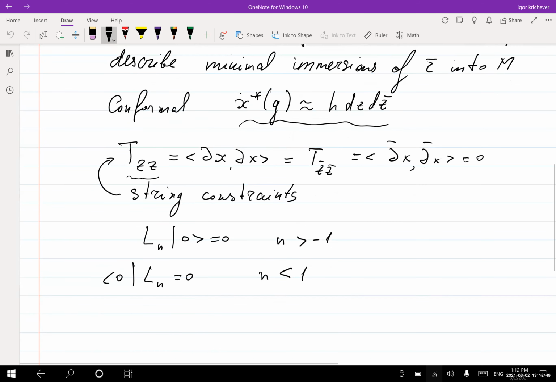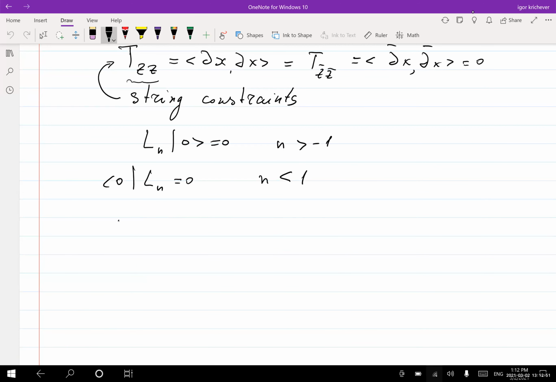Okay, so our interest is the case, the simplest case, of course, would be CP1, but the next and much harder case is the case of a torus with any conformal structure on it.